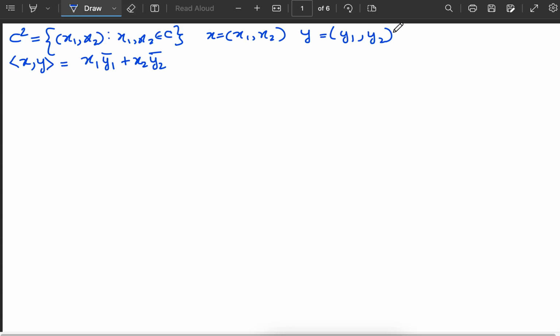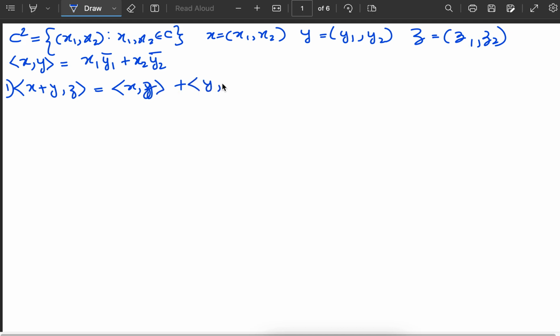So let's take z is equal to z1, z2. So the first property is inner product x plus y, z must be equal to inner product x, z plus inner product y, z. That is, we can split this inner product across this addition.